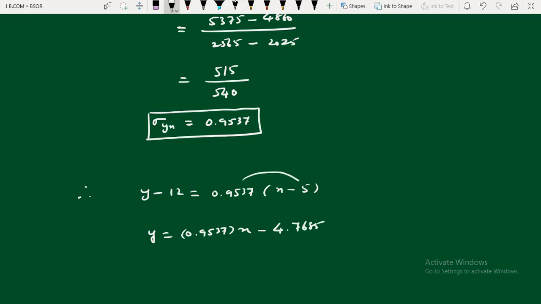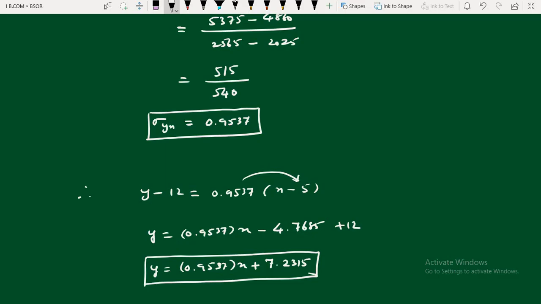Then take the minus 12 to that side, it becomes plus 12. Therefore, y equal to 0.9537x plus 7.2315. So this is the regression equation of y on x.